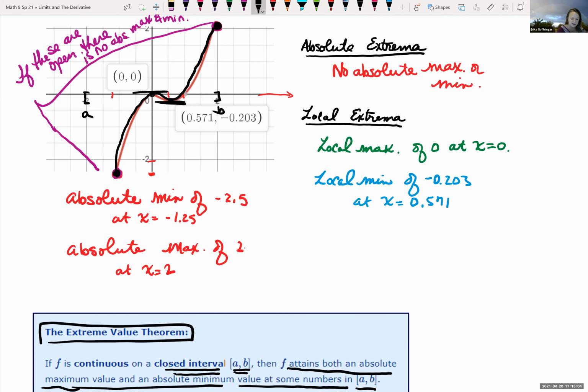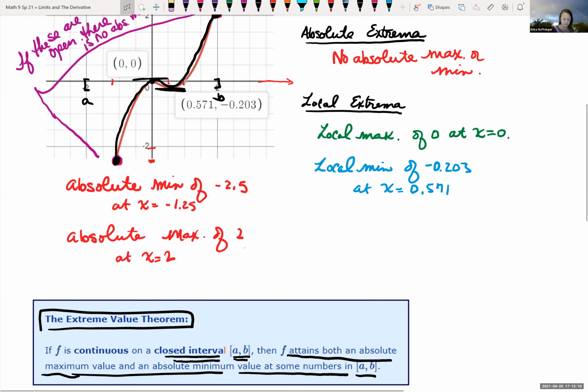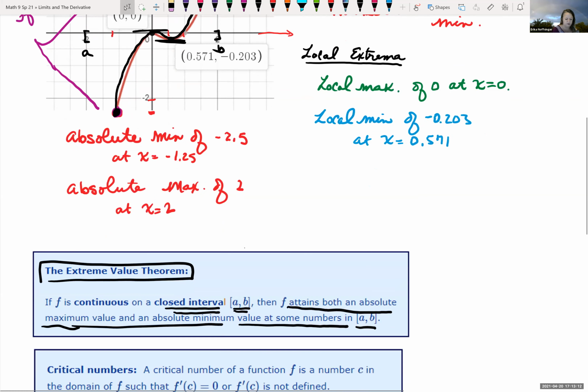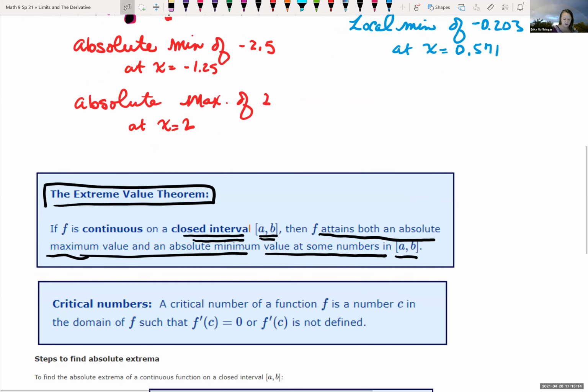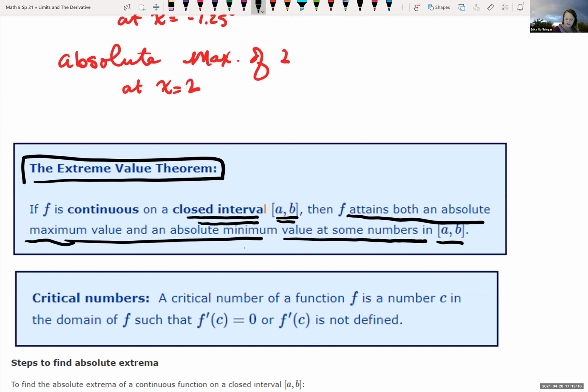But we also want to test these values on an endpoint of our closed interval. Okay, so recall your critical numbers. Those are numbers in your domain where the derivative was equal to 0 or it didn't exist.